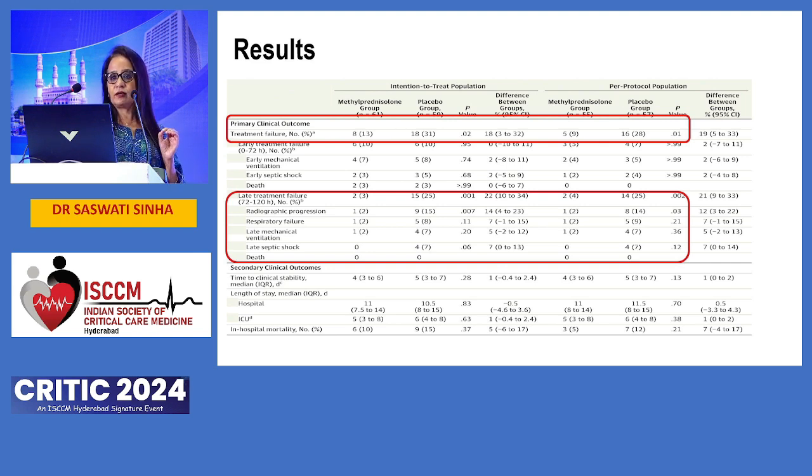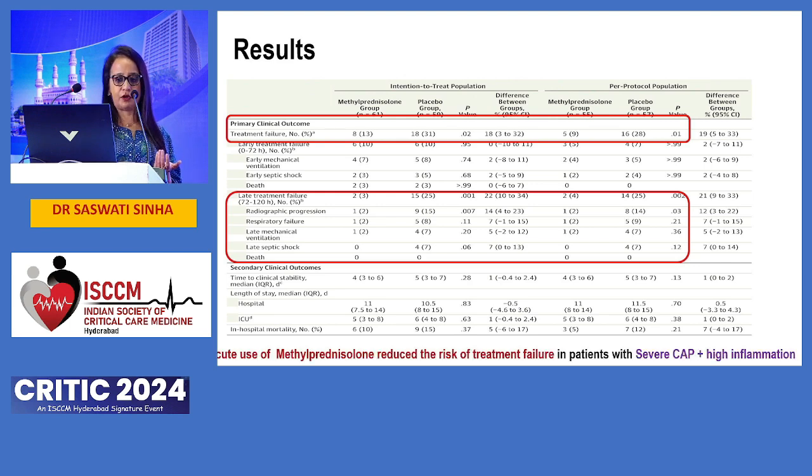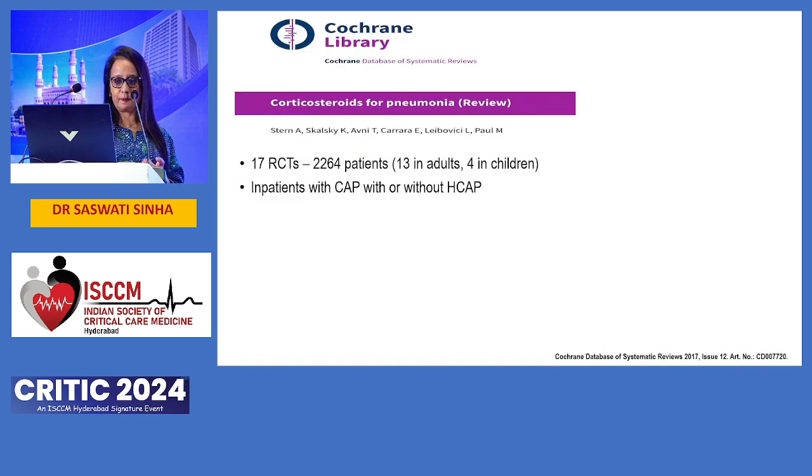That too, they said the only thing which was different in the corticosteroid group was radiological progression of infiltrates. Now we really need to take this with a pinch of salt: just by reducing the radiological progression, does it really amount to improvement in the patient, or does it really account for reduction in treatment failure? They concluded that the acute use of methylprednisolone reduced the risk of treatment failure in patients with severe CAP who had a high inflammation.